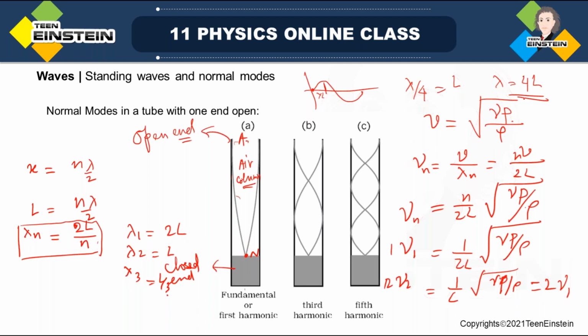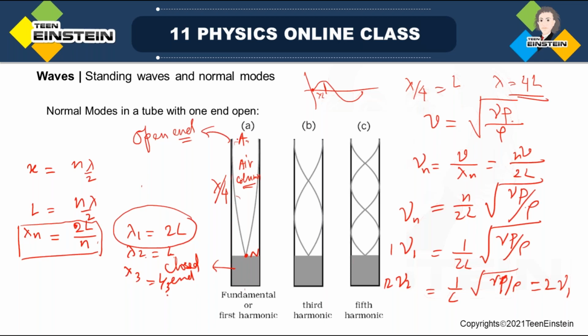First case. So in case of the second, lambda will be 2L. I'm sorry, this will be 2L actually. Lambda is equal to 2L. So in this case, this is lambda by 4 itself.